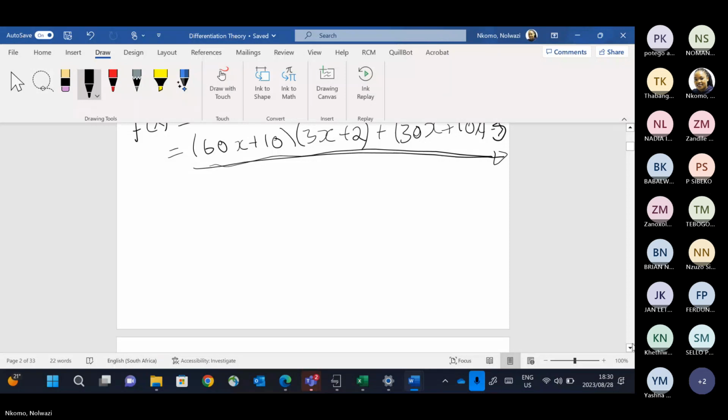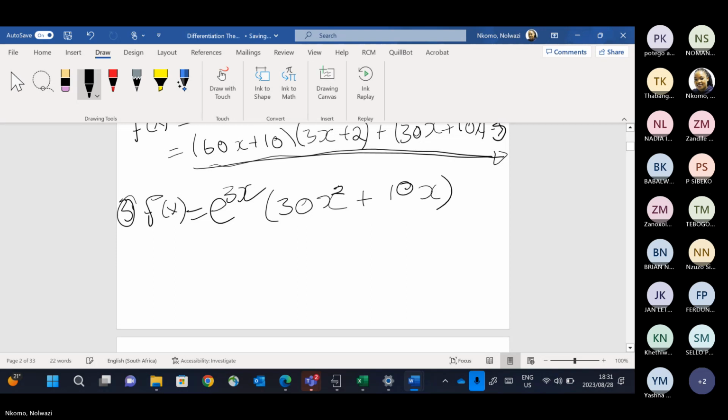Last example. Okay, let's do this one again.